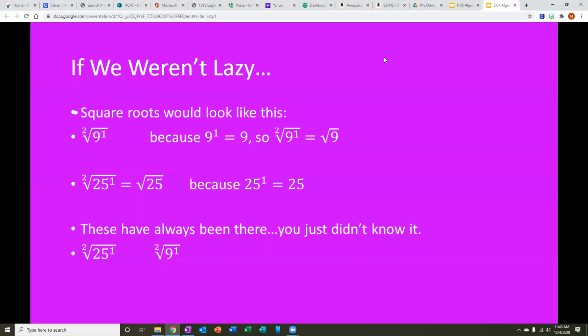But if we wrote those understood numbers, this is what it would look like, because all numbers have that understood 1 and all radicals have an understood 2, unless there's something else there. And so it would look like this. And so this would tell us I want the square root of 9 to the first power, which is just the square root of 9.